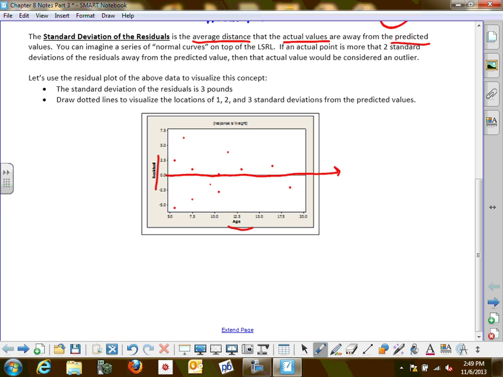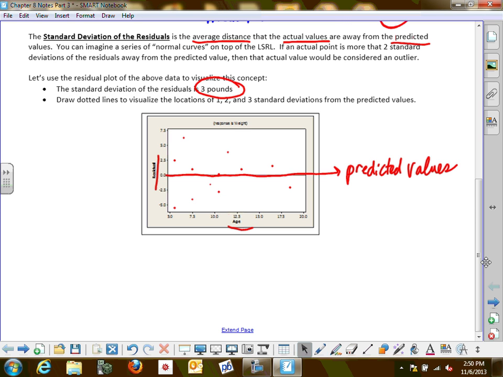The least squares regression line. So these are the predicted values. Then I can see how the actuals related to that, whether they were above it or below it. I am told here that on this residual plot, the standard deviation is 3 pounds.